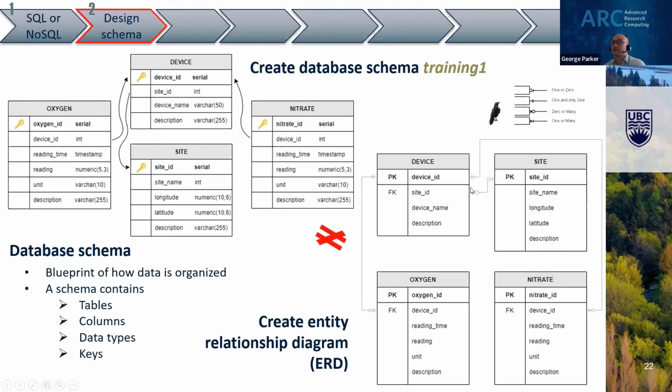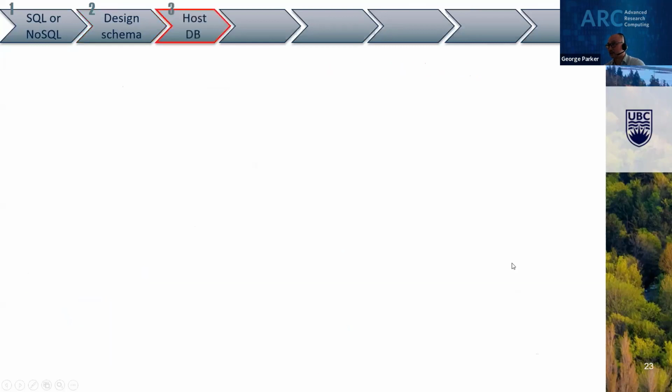Once again, don't get yourself confused between database schema and entity relationship diagram. Schema shows you how your data is organized or constructed, and the ER diagram just shows you the relationships between the entities.